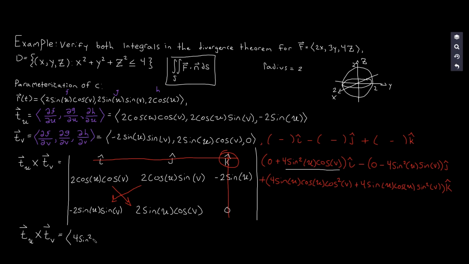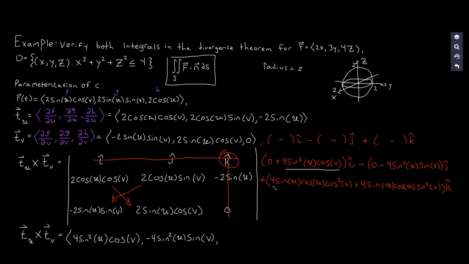All right, so what's going on with the j hat? Negative 4 sine squared of u sine of v. We're going to have to do some manipulation. Actually, there's a 4 sine of u and a 4 cosine of u attached to both of these.